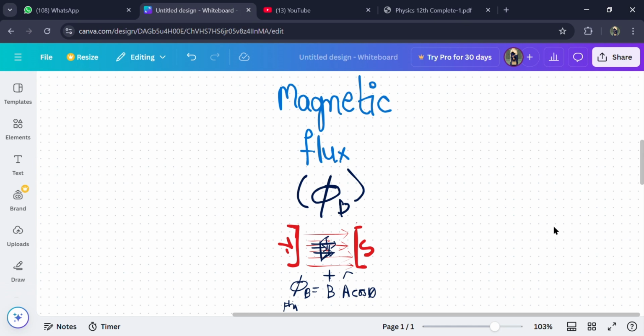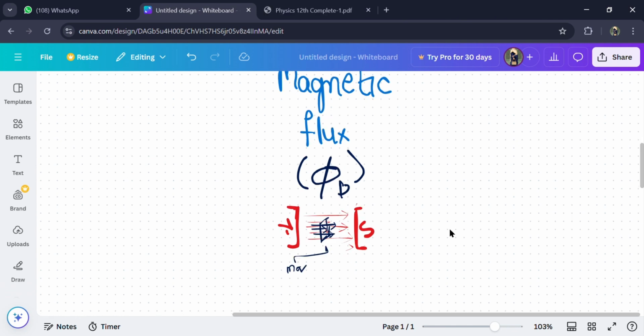Now let's study a few concepts of it, where the magnetic flux is maximum and where the magnetic flux would be minimum. First, you need to keep one factor in mind, that we are using theta in the cos value. And we know that cos lies on which axis?